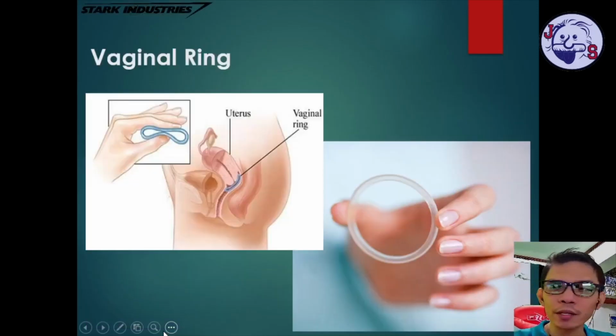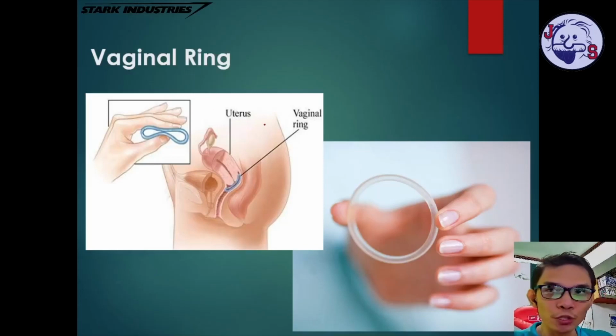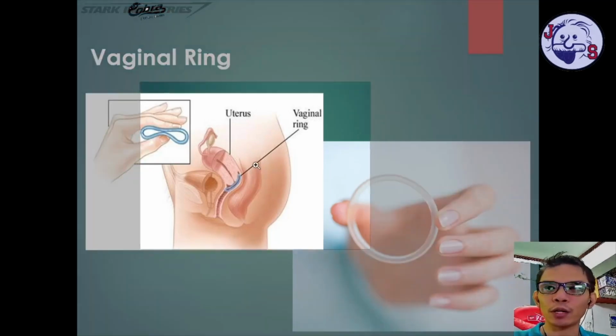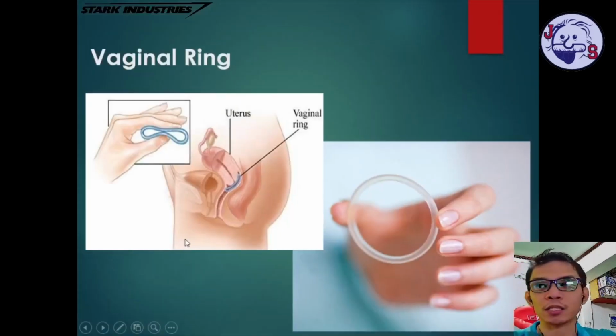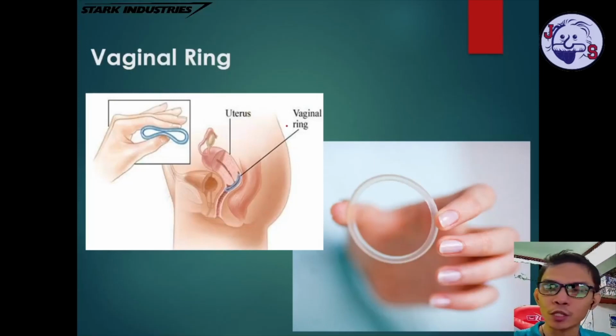The next one is the vaginal ring. If you take a look at this picture, it is inserted in the vagina and it covers the cervix that you have right here. For what purpose? It doesn't allow the sperm to reach the uterus.